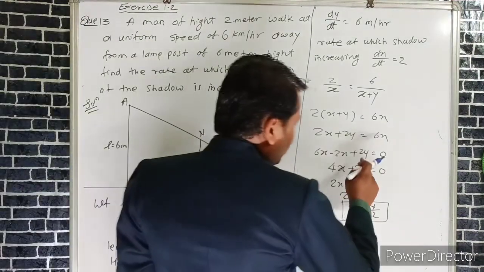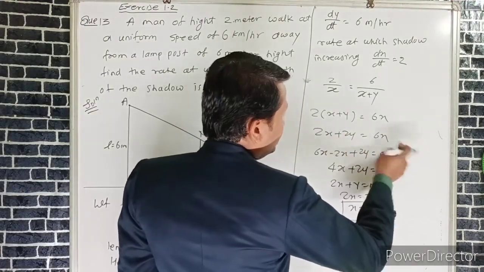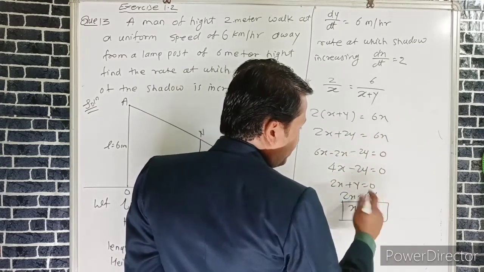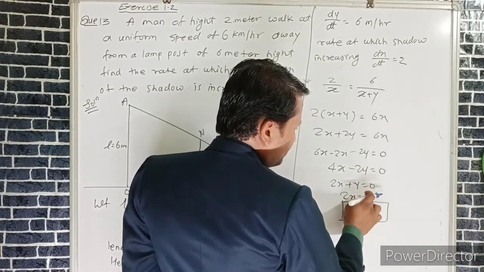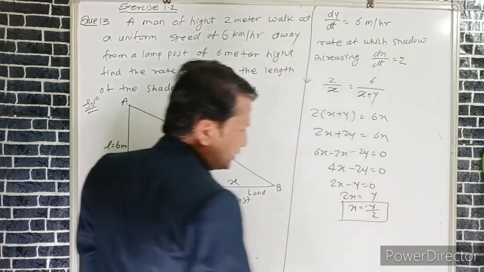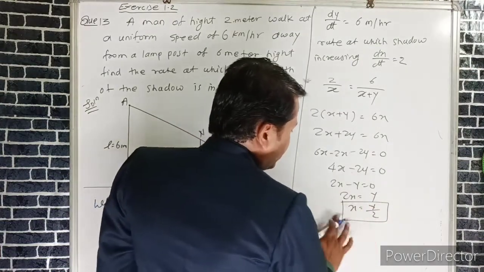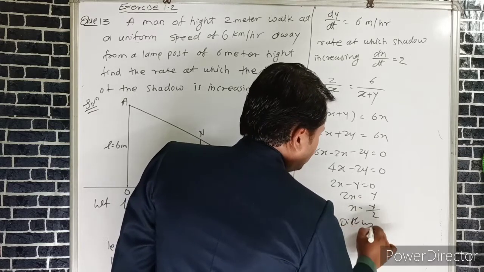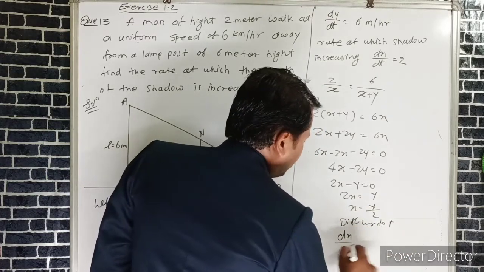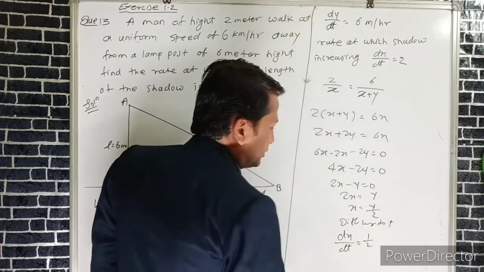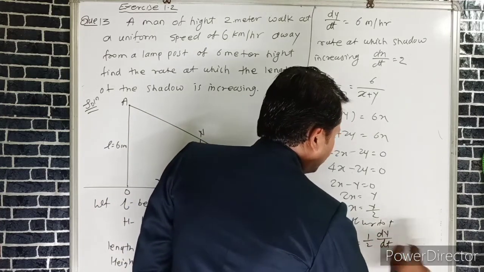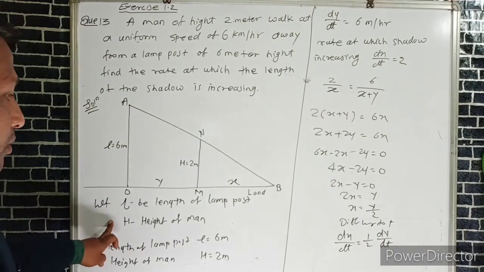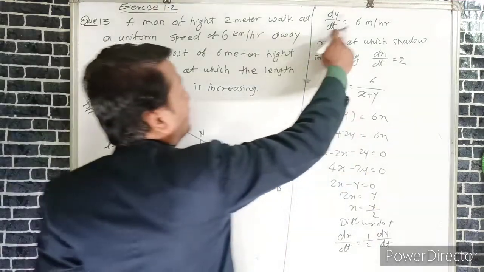So here, if we shift this minus y to the other side, we can write plus y. Here x is equal to y by 2. So if we differentiate with respect to t, we can write dx upon dt is equal to 1 by 2, a constant, times the derivative of y, which is dy by dt. But by the given condition, the rate of change of y with respect to t, which is dy by dt, is 6 meter per hour.